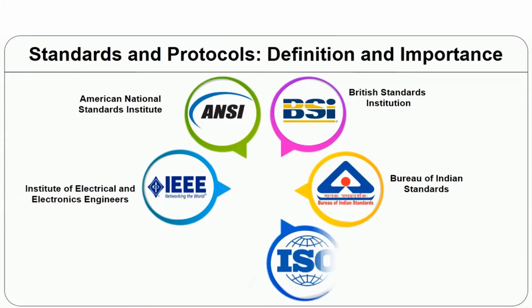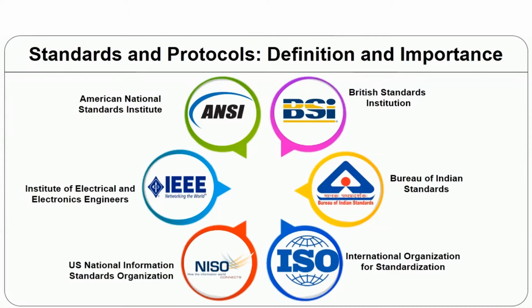Then the International Organization for Standardization, even though it looks like IOS, the more accepted acronym is ISO. Then we have the NISO standard, from the US National Information Standards Organization. As far as information is concerned, NISO is one of the very popular standards, and these are the standards supported by national and international agencies.